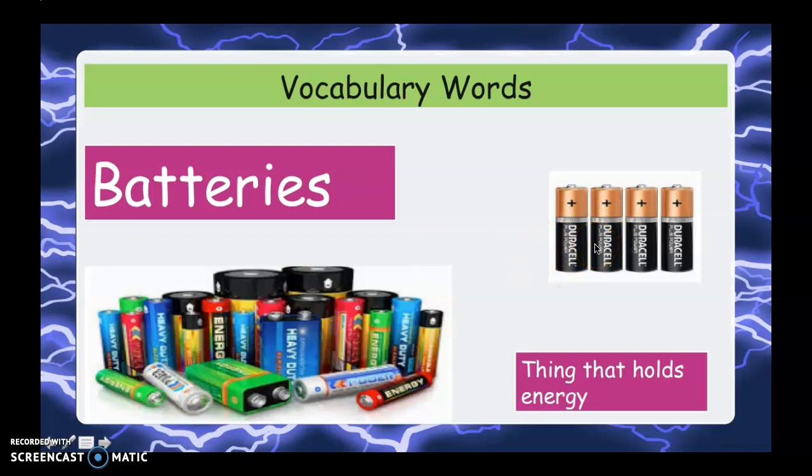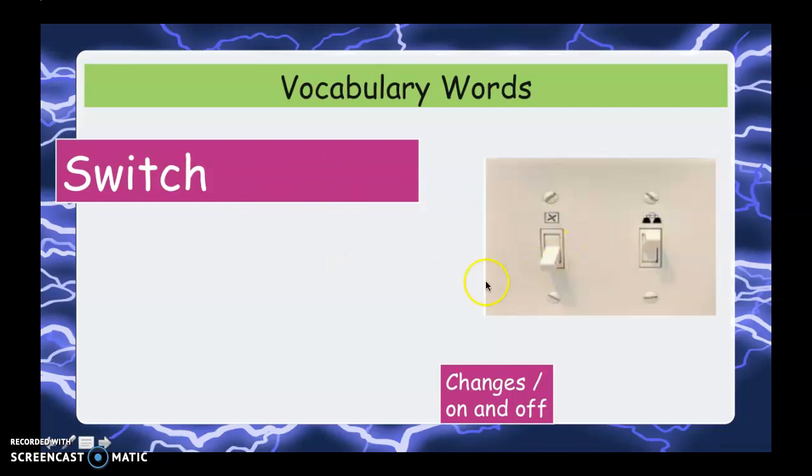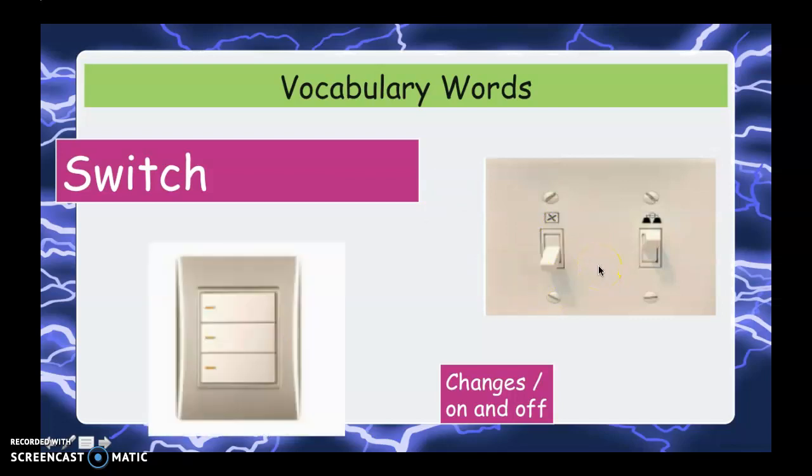Batteries. Switch. A switch changes, it makes the light go on and off. So you turn the switch on and off, then the light will go on and off. Switch.